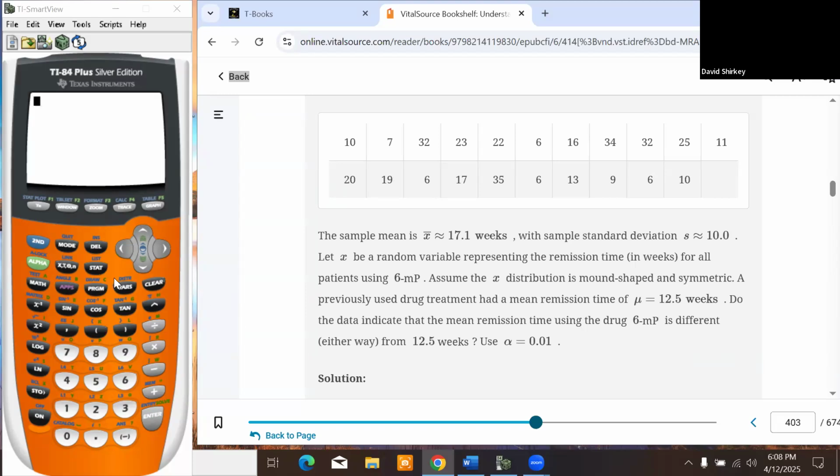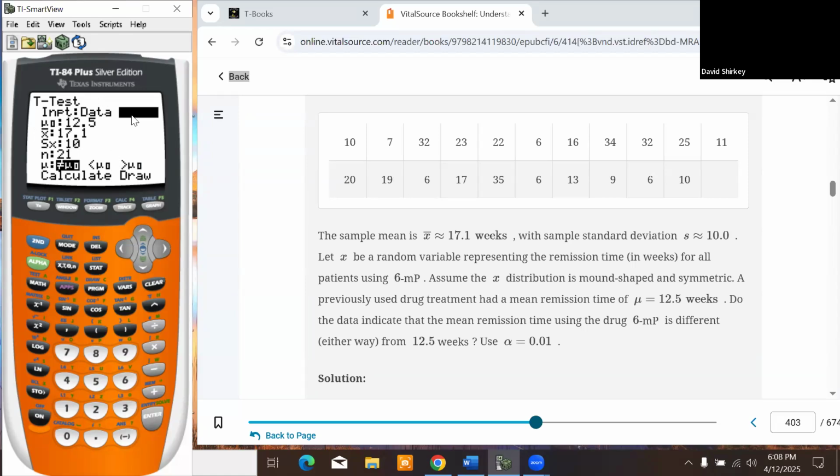And so we're going to press stat. We're going to go to tests. We're going to do a t-test, which is option number 2. And again, for all of these options, you can either arrow down or up because there's a lot of them, or you can just type in, in this case, the number 2 and press enter, and it'll take you to this.